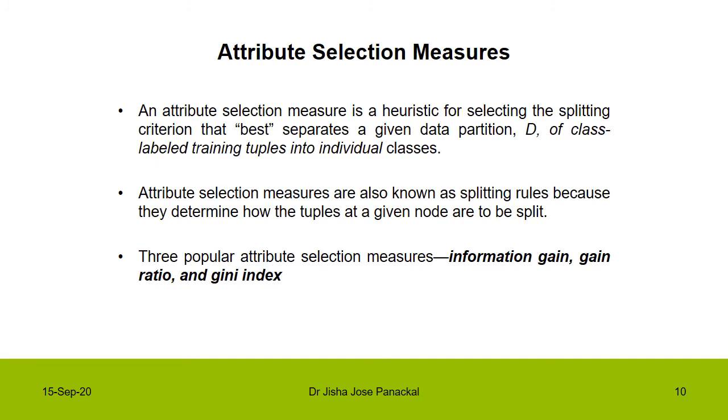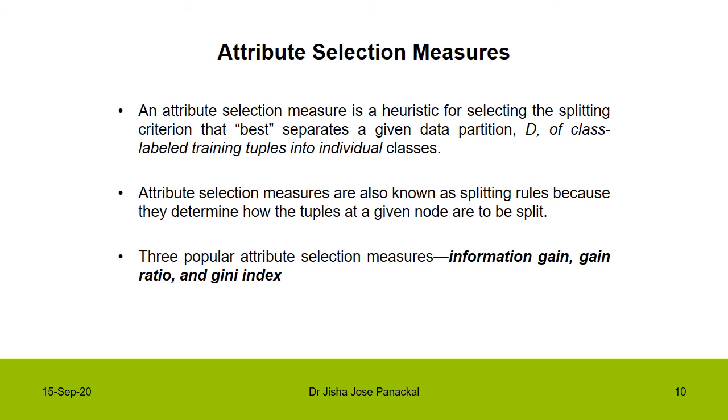And we have seen that we have three things to consider. One is D, that is the data partition, the second thing is the attribute list, and the third one is attribute selection measures. So we are seeing what is the meaning of attribute selection, or what are the different attribute selection measures. An attribute selection measure is a heuristic for selecting the splitting criterion that best separates a given data partition D of class-labeled training tuples into individual classes.